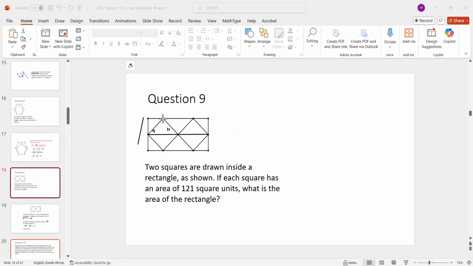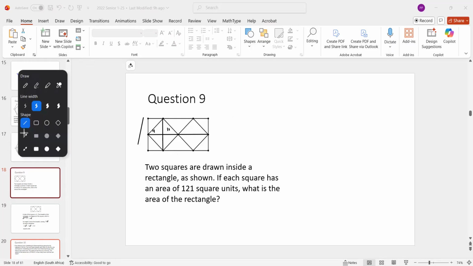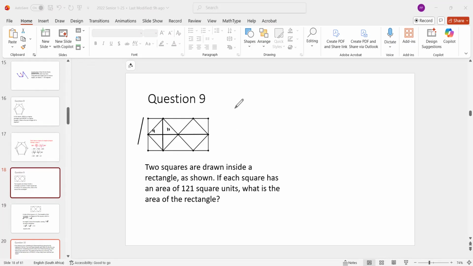Okay, so the length of the rectangle is twice the diagonal. That diagonal plus that diagonal.